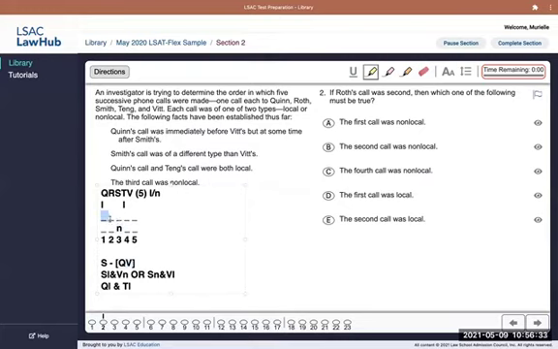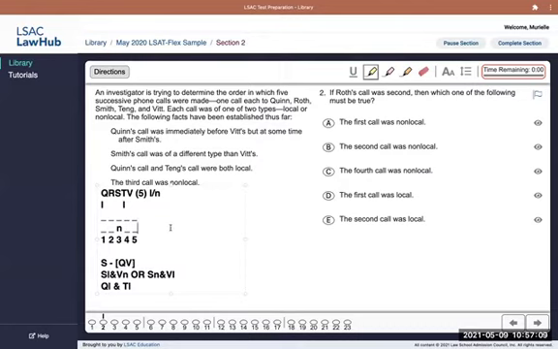So we could have S Q V as our top row here, right? So I'm trying to figure out how I can combine the knowledge that Q is local, S is before Q, which is right before V, and that the third call is non-local. So I do have a way to connect the sequencing information to the local, non-local information. And that was really what the question was referring to.